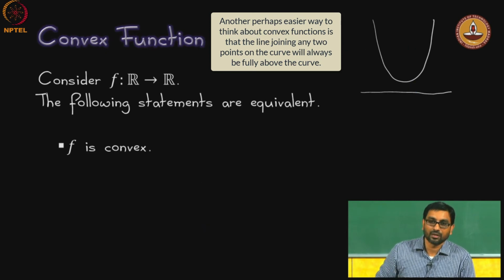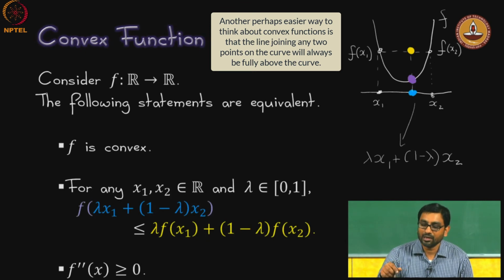It is just this curve. It is convex if for any 2 points, say x1 and x2 that you choose, you look at some intermediate point, defined by this parameter lambda. When you take lambda times x1 plus 1 minus lambda times x2, you get a point somewhere in the middle. That is the blue expression here, lambda x1 plus 1 minus lambda x2.